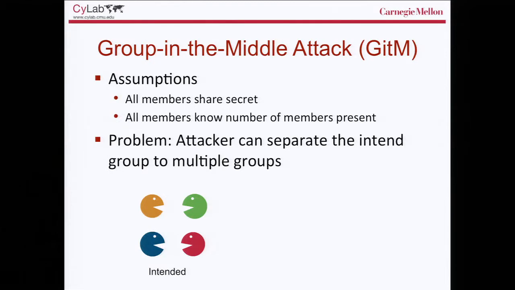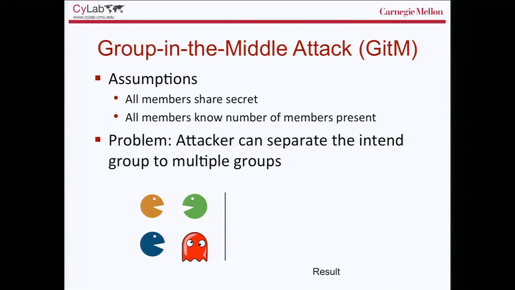Another attack that we want to prevent against is the group in the middle attack. This is a little more sophisticated. The assumptions here are that all members share a secret, right? All members know the number of members present. But in that case, a malicious group member in red, right? See all the nice Pac-Mans? Right?